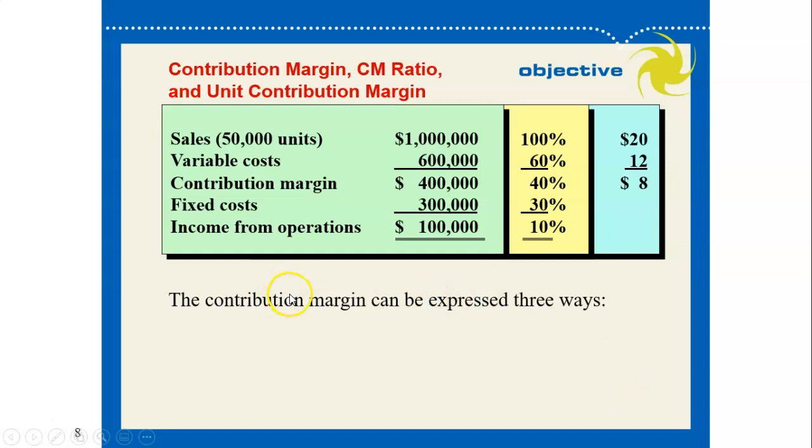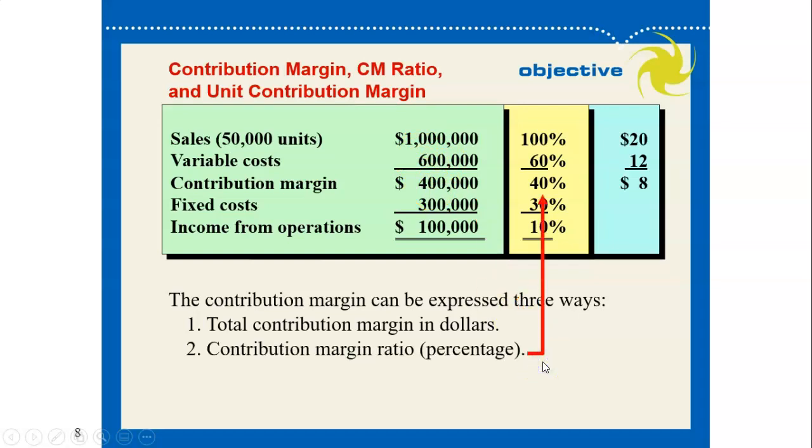So here we're showing that we can express the contribution margin in 3 different ways. We first can show the total contribution margin in dollars, which is our total sales minus our total variable cost equals our total contribution margin.